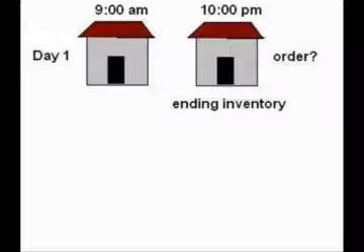In the evening, the store closes the shop. The number of drills left is the ending inventory. The owner then conducts a stock check for the drills. If the number is above the reorder point, the owner does not order additional drills. But if the number is at reorder point or below, the owner then orders additional drills.